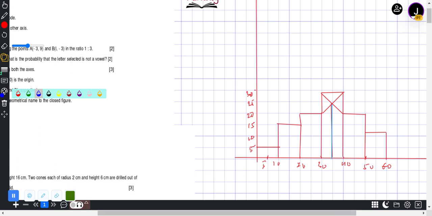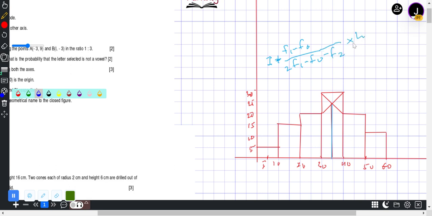If you want to use the formula for finding the mode in a modal class, it is l plus (f1 minus f0) over (2 f1 minus f0 minus f2) into h.